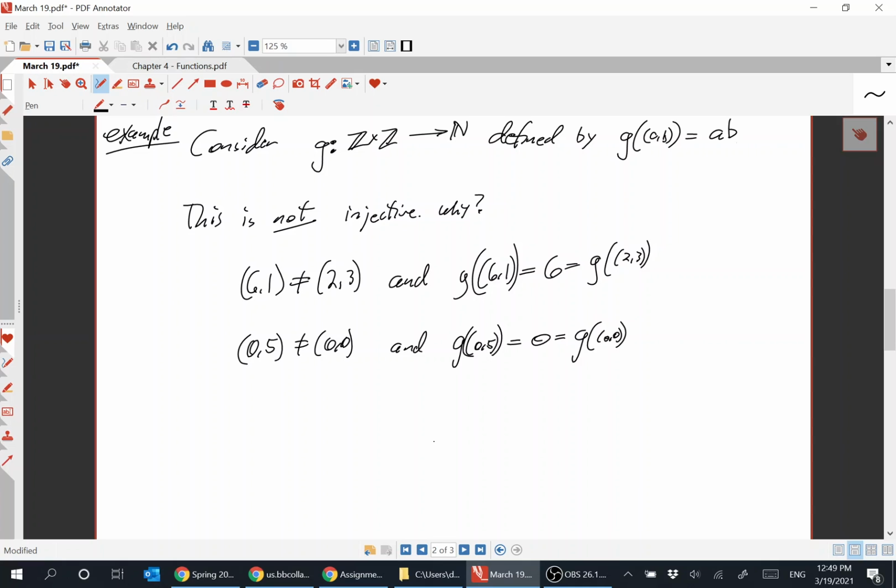Any number that's not a prime or a product of 2, like 15.